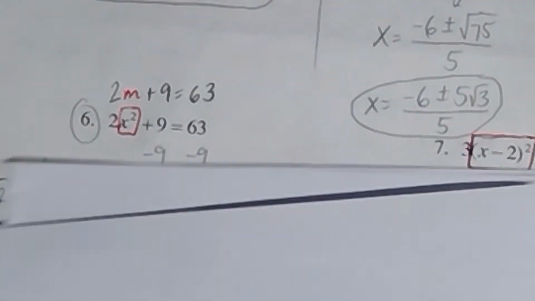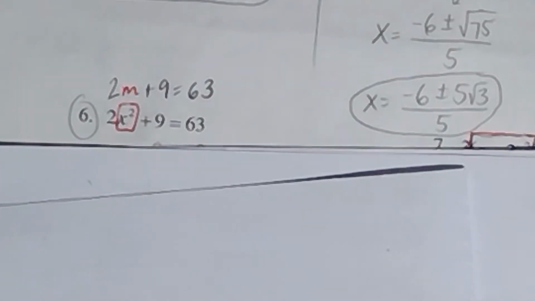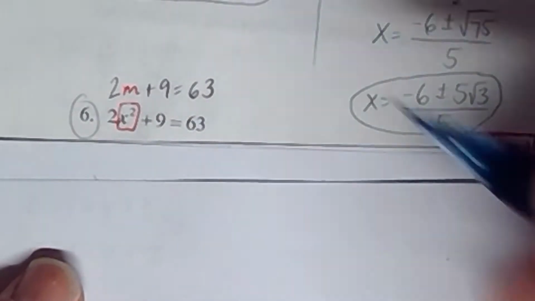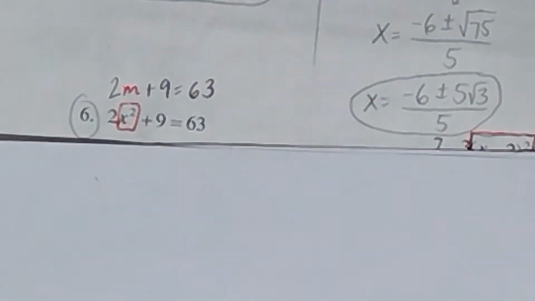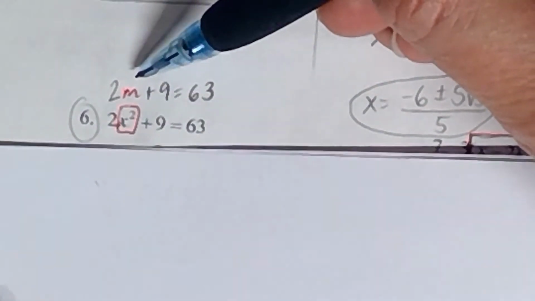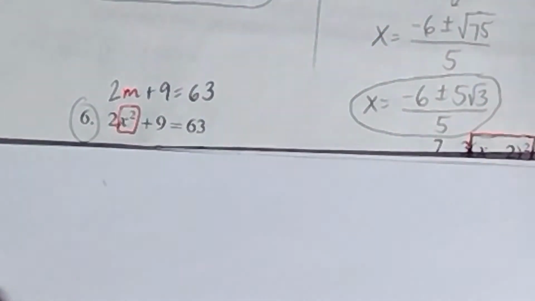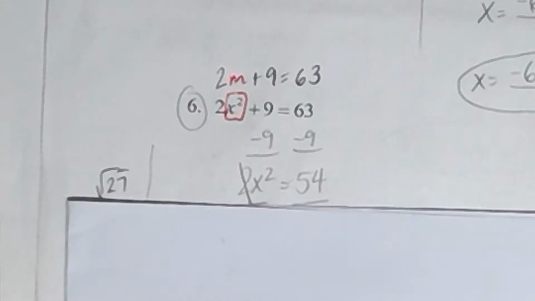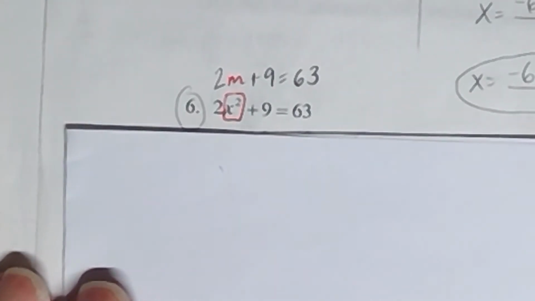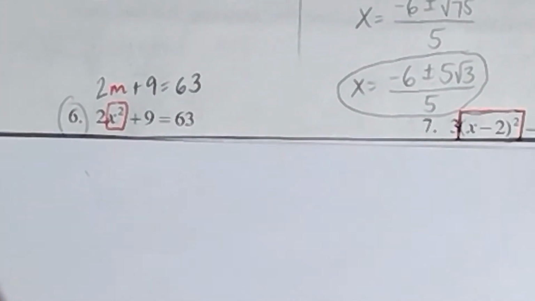Lastly here in number 6, 2x squared plus 9, we need to get the x squared by itself. So that's just like getting the m by itself up here. How would I get the m by itself right there? Actually, I didn't write it down here, but I'll go ahead and write it down off to the side.